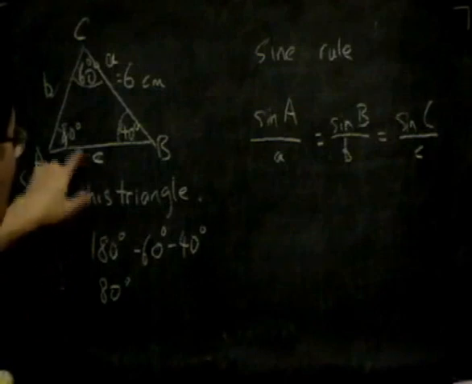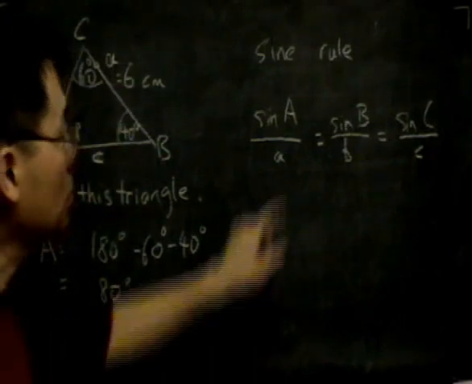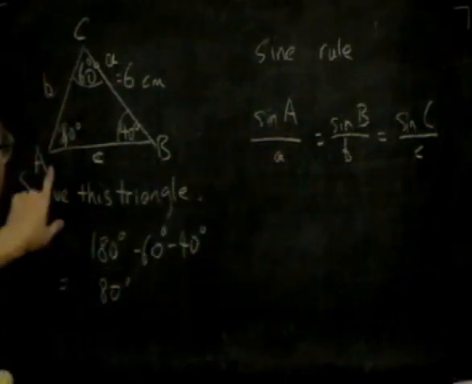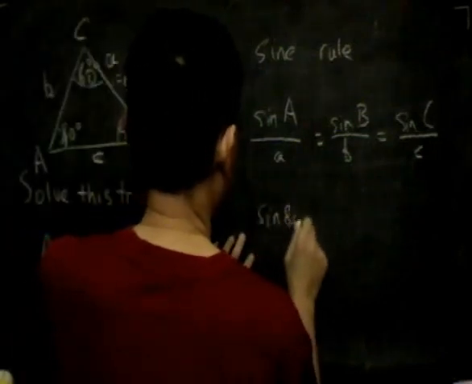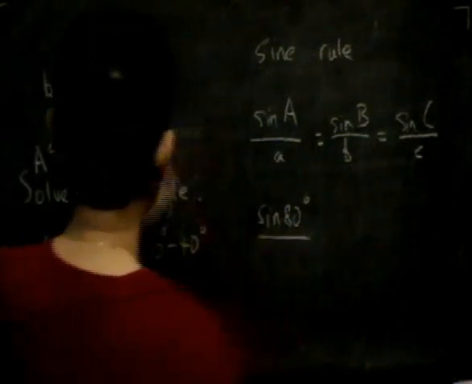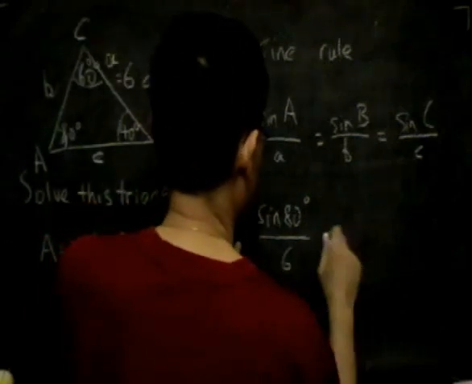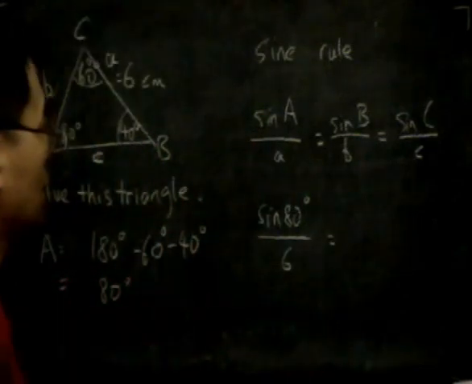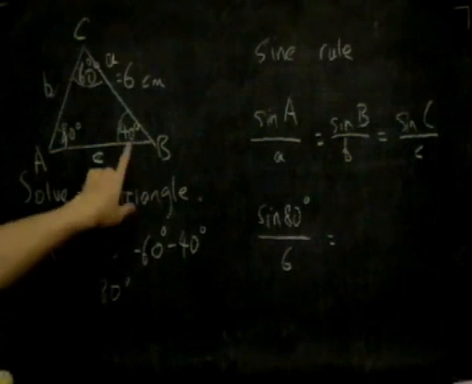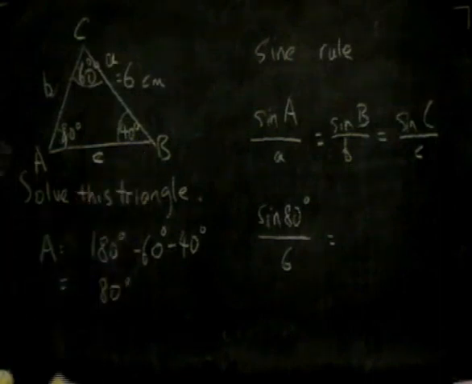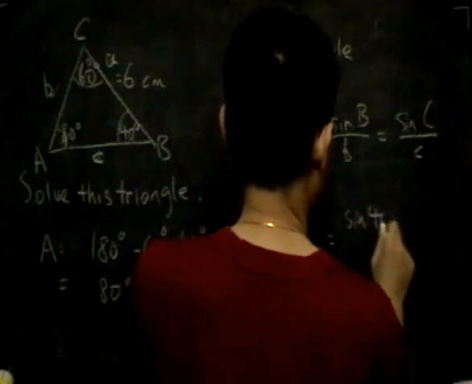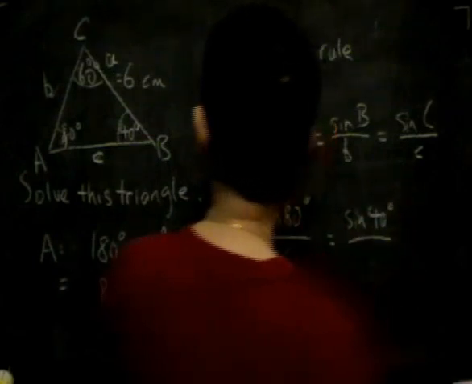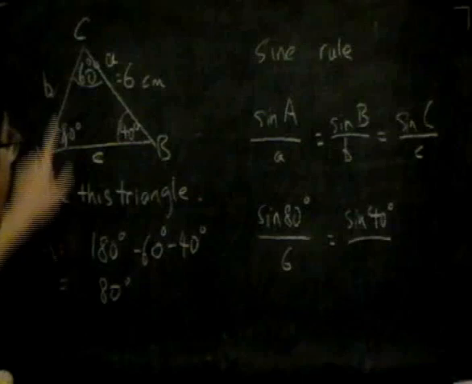If I simply substitute these two numbers into the formula, sine A is sine 80 degrees, side a is 6. What about sine B over b? Angle B is 40 degrees, so that's sine 40 degrees. Side b is unknown.